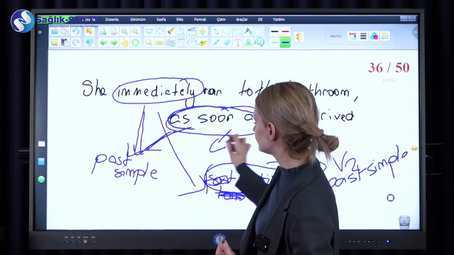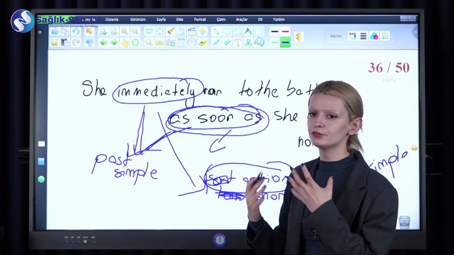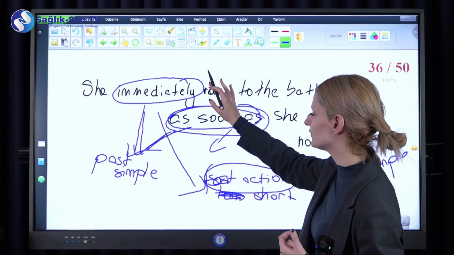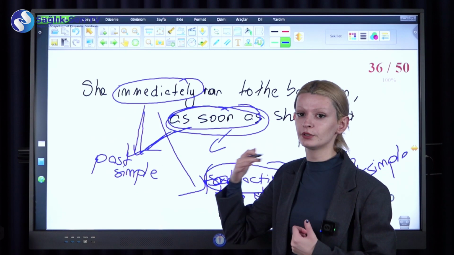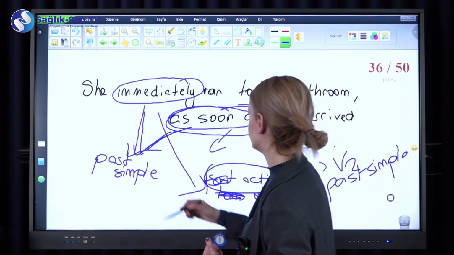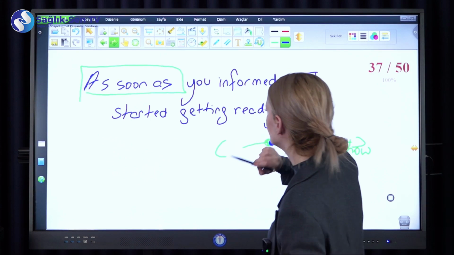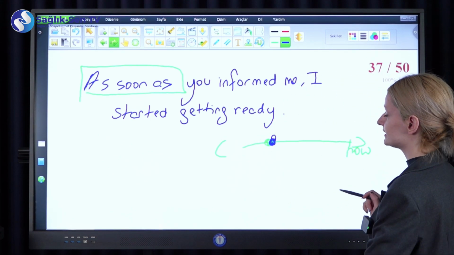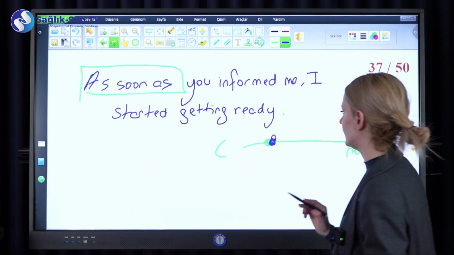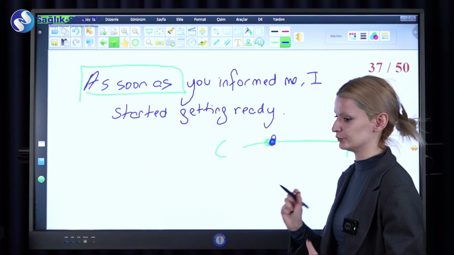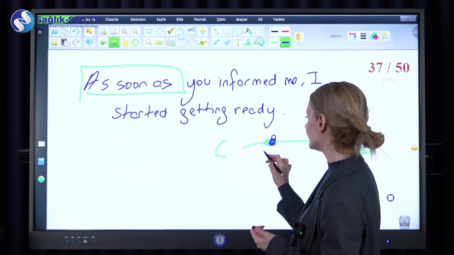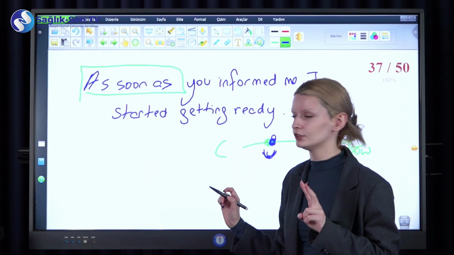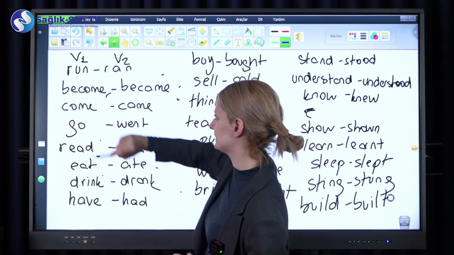As soon as, we can understand from the meaning that if it's in the sentence, I have to use past simple in that sentence. As soon as you informed me, I started getting ready. As soon as you informed me, I started immediately getting ready. There are seconds between those two events.